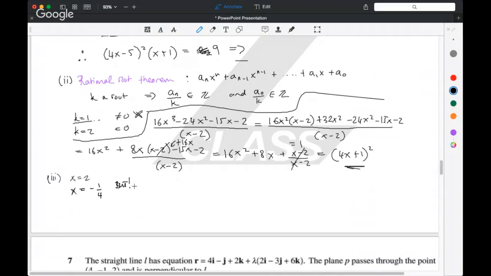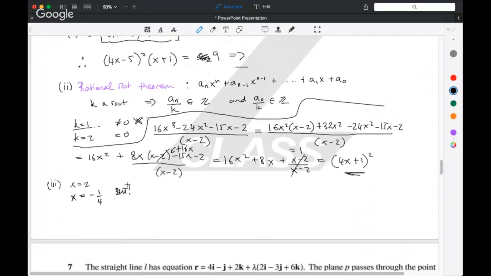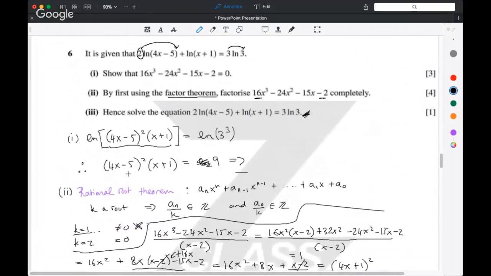But be careful, they love doing this. Look at the original equation. If x is equal to 2, then this thing is 8, so we have 8 minus 5, which is 3, and this thing is 2 plus 1, which is 3, and everything's fine. But what if x is equal to minus 1 over 4?